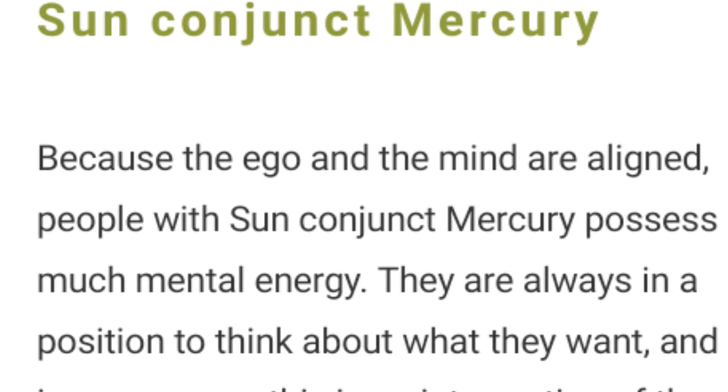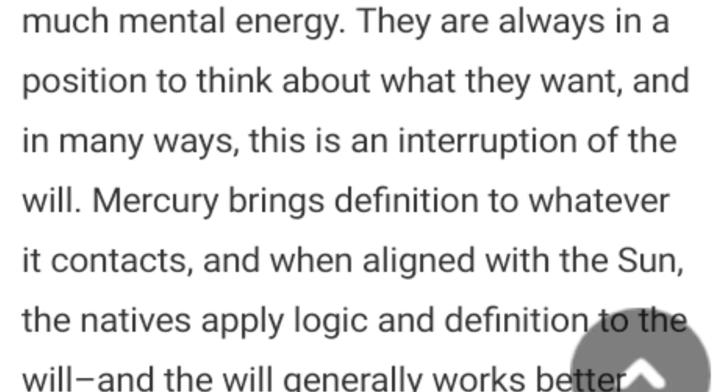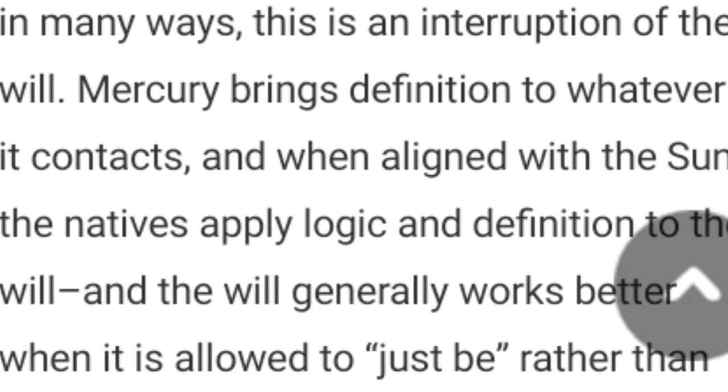They are always in a position to think about what they want, and in many ways this is an interruption of the will. Mercury brings definition to whatever it contacts, and when aligned with the Sun, the natives apply logic and definition to the will, and the will generally works better when it is allowed to just be rather than be analyzed. So I'll stop right there and we'll move back to how to read the natal chart.